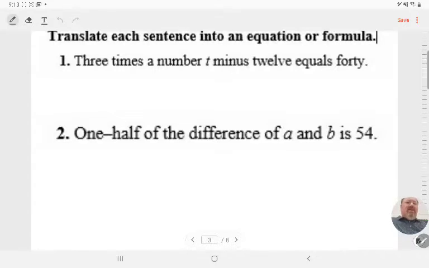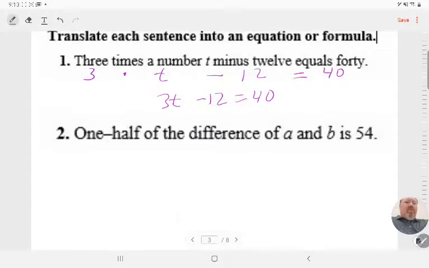All right, so let's see how you did. You have 3 times a number t minus 12 equals 40. So let's put it together. 3t minus 12 equals 40.